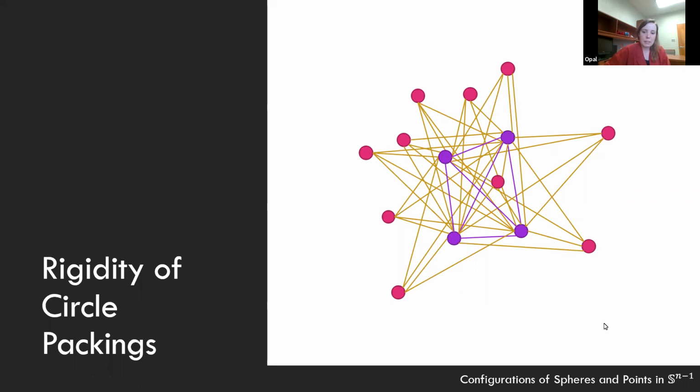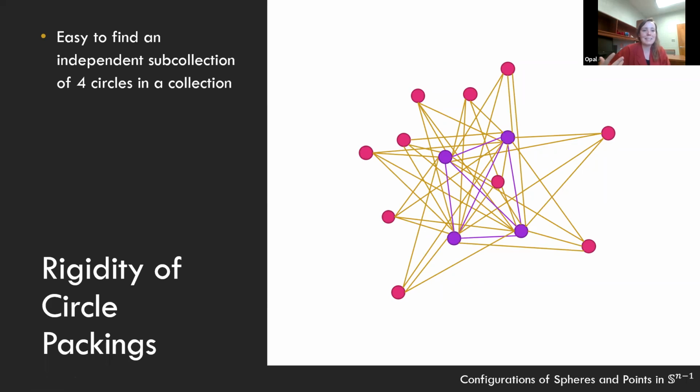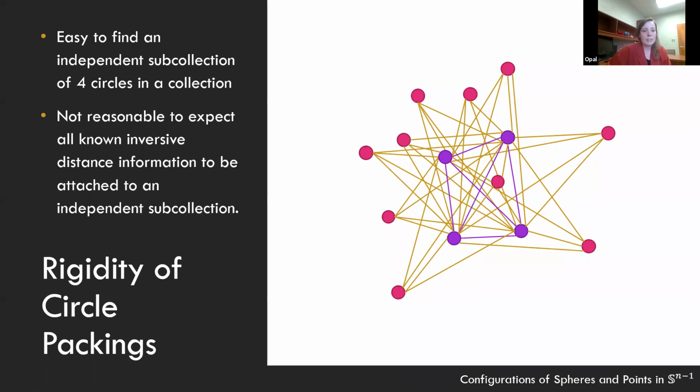at this point, I wanted to say that, even though it's easy to find an independent subcollection of four circles in any given collection, it's not really reasonable to expect that the collection of information that everyone's working with gives the inversive distance from everything in your collection to an independent subcollection.